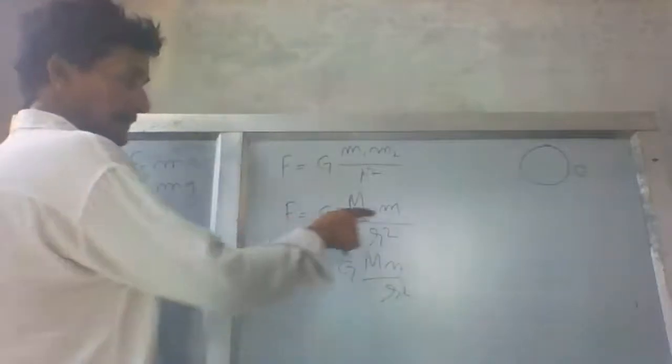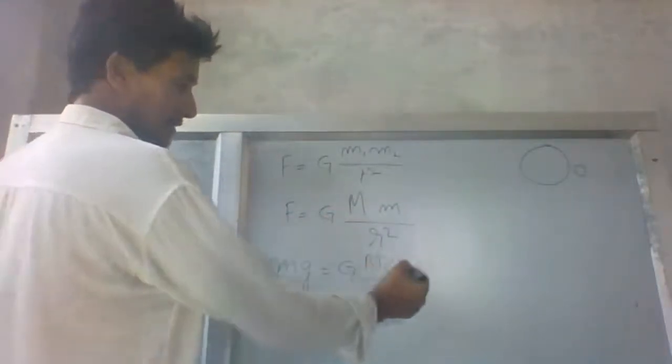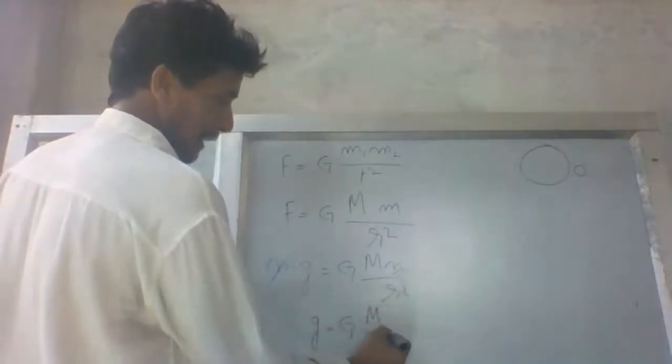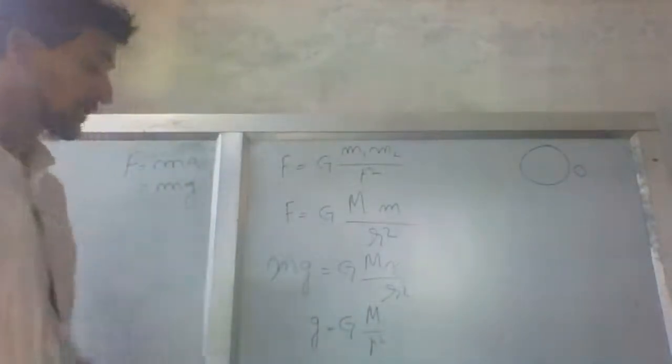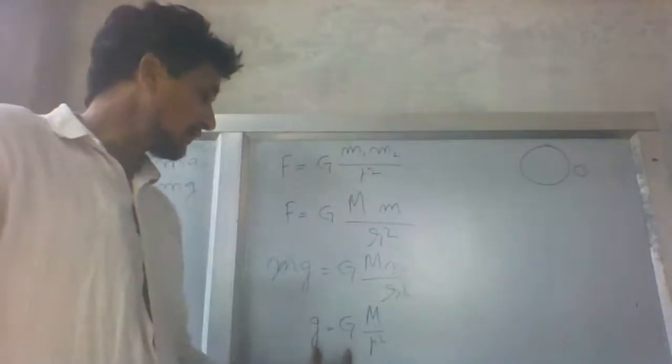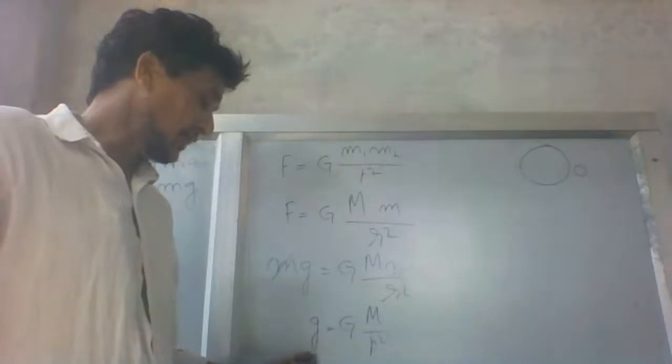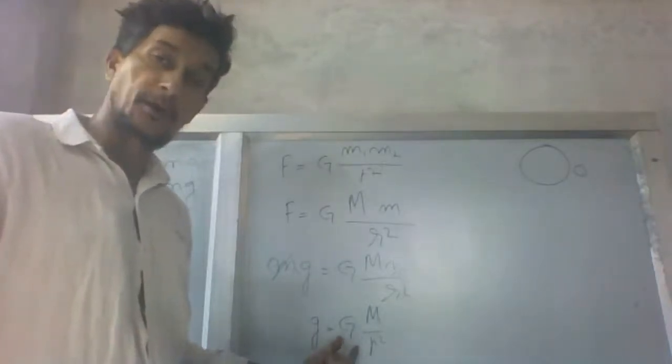The force is being acted on this body. Small m will cancel small m. So g will become G M upon r square. This is the relation between the gravitational force and the gravitational constant.